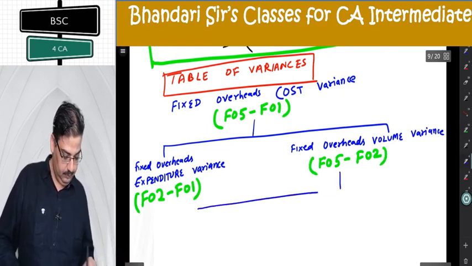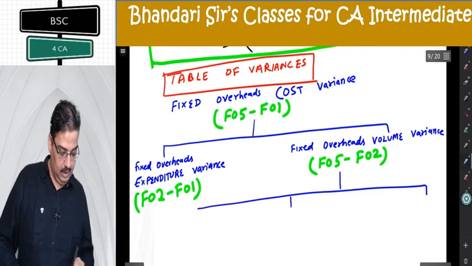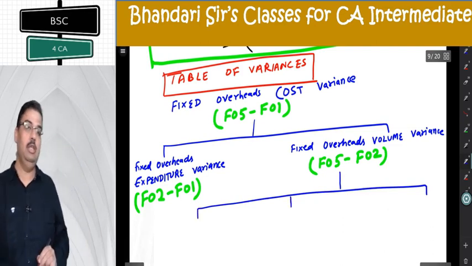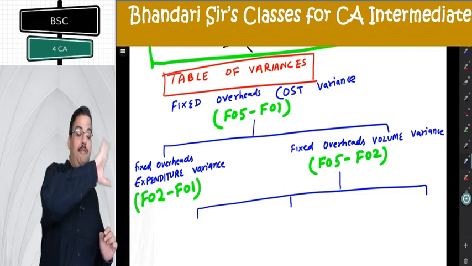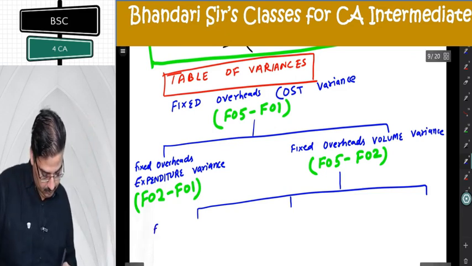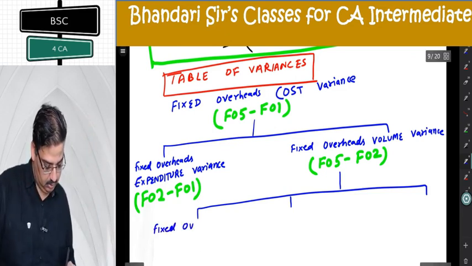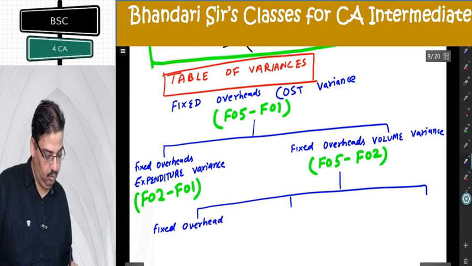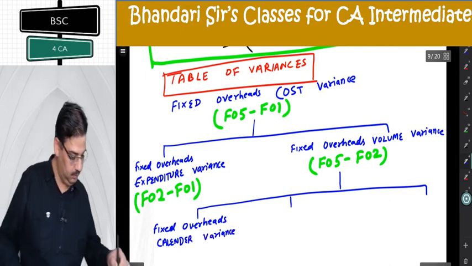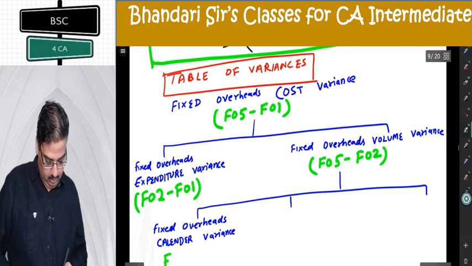Under this there are 3 variances, in sequence: calendar, capacity, efficiency. Fixed overheads calendar variance: FO3 minus FO2.